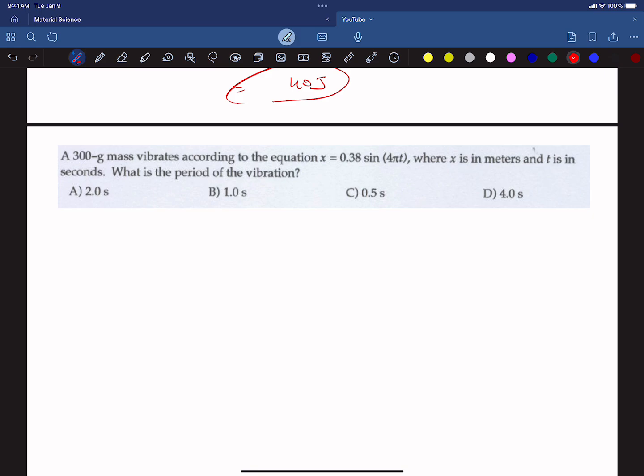A 300 gram mass vibrates according to the equation. So this much mass is vibrating according to this equation, where x is in meter and t is in seconds. What is the period of the vibration?